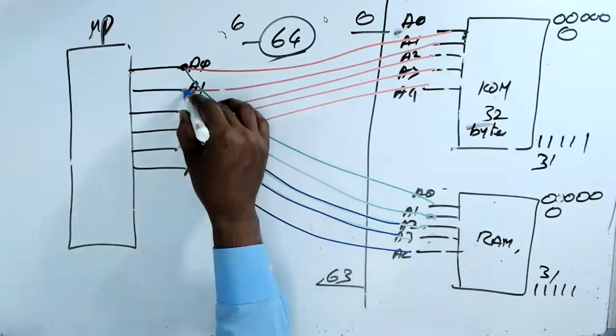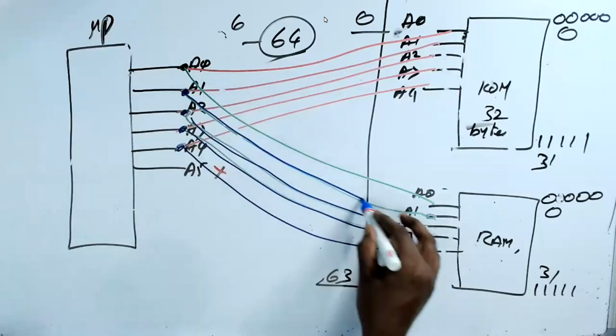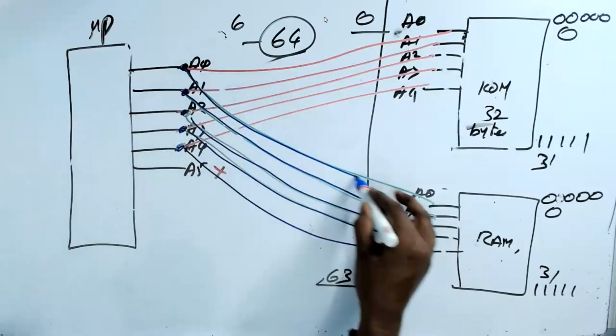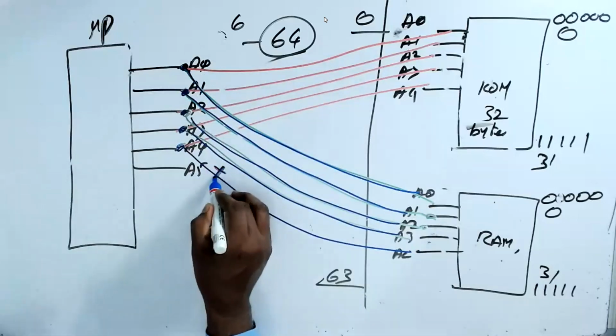So I have 10 wires now. A5 is not connected in this case also.